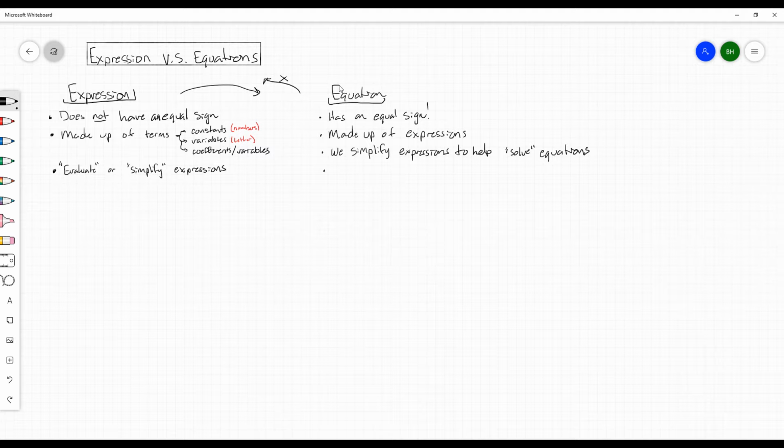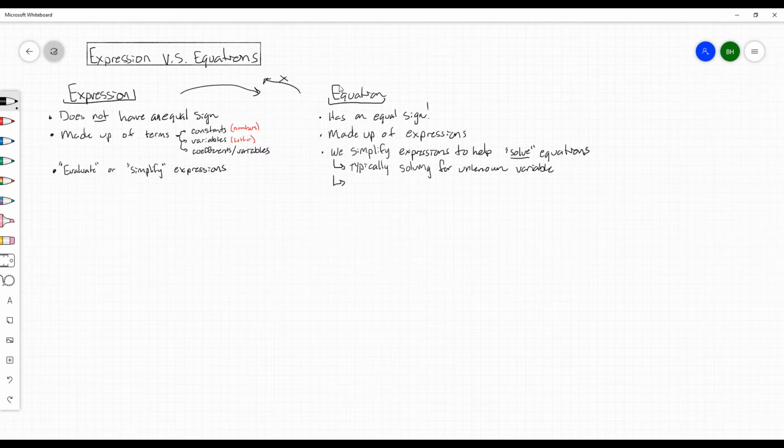Typically, and I'm going to put this right underneath, typically we are solving for some sort of unknown variable when we talk about solving.